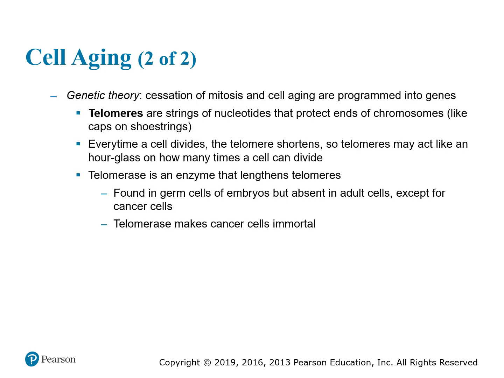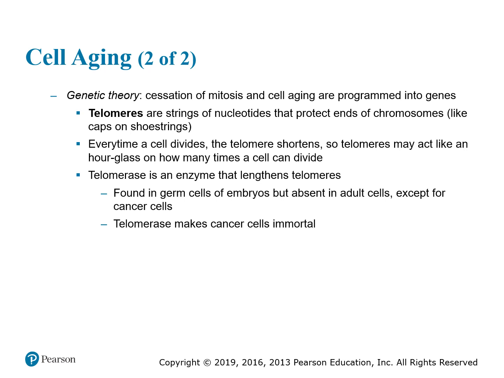So these telomeres are strings of nucleotides that protect the ends of the chromosomes. They're just nonsense repeats at the very ends of the chromosomes that are supposed to protect us by shortening, acting like essentially a buffer against this end replication problem. And so telomerase is the enzyme that lengthens them.